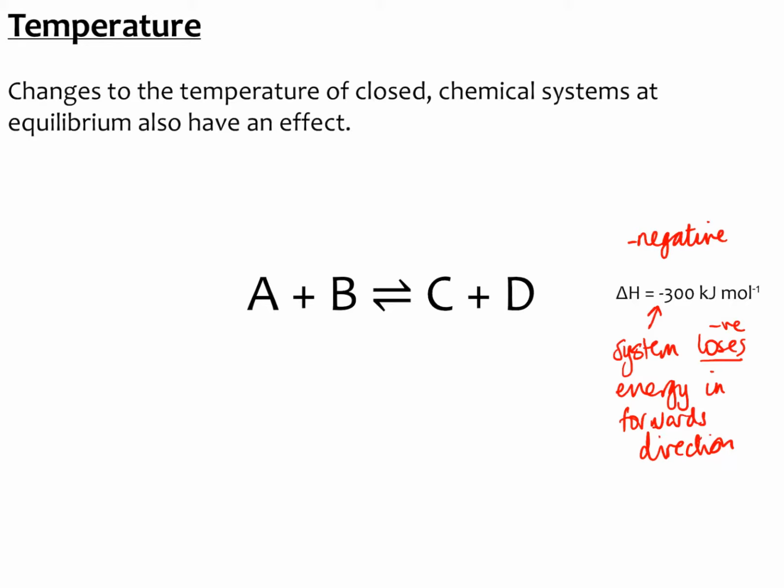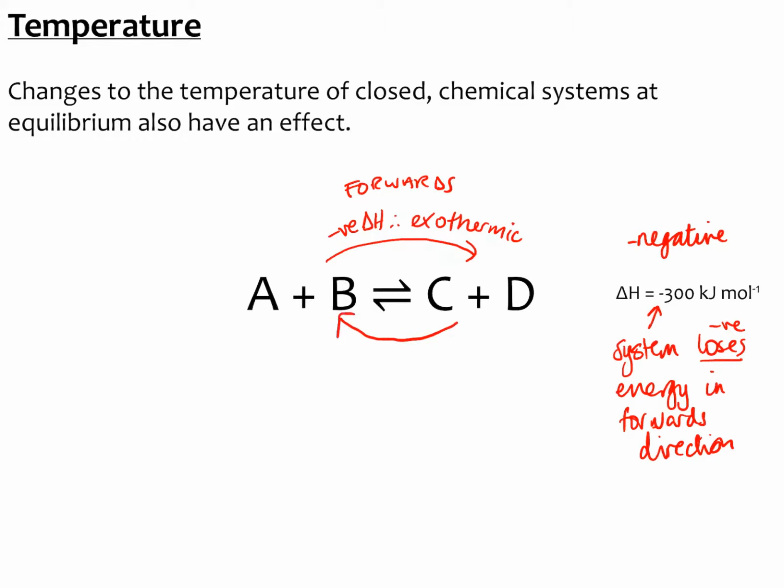If we were given a positive delta H, a positive heat energy change for this reaction, it would mean that the forwards reaction was taking heat in, gaining energy. So in the forwards direction, we have a negative delta H, which means we have an exothermic reaction. The forwards reaction is exothermic.